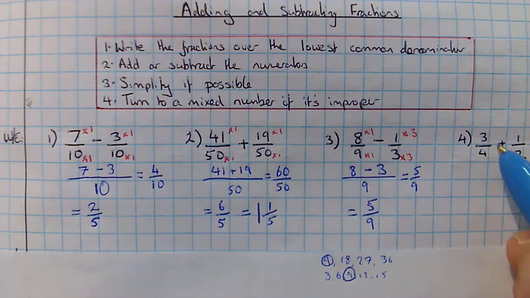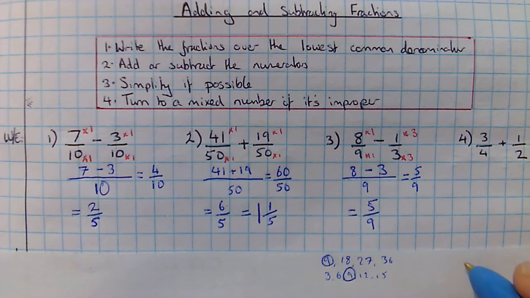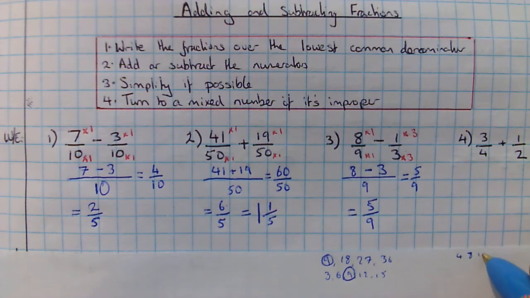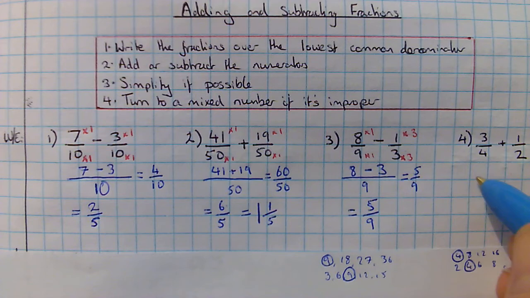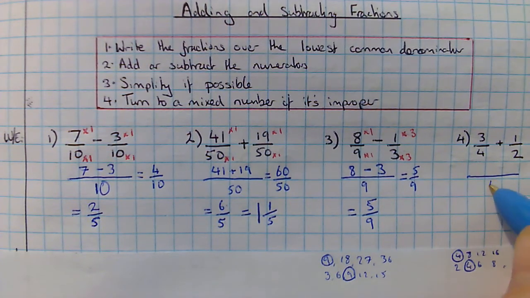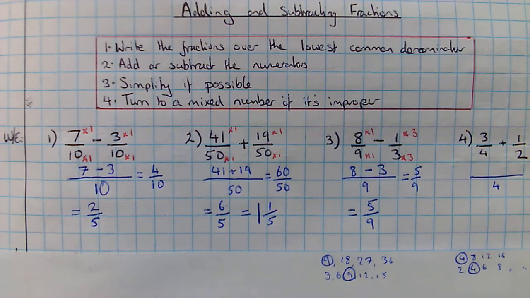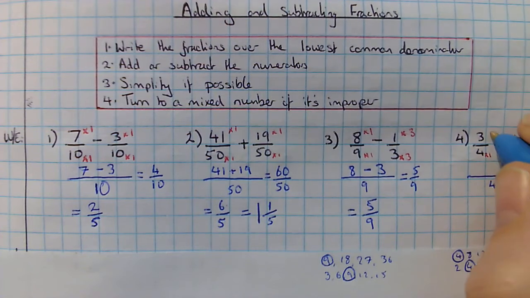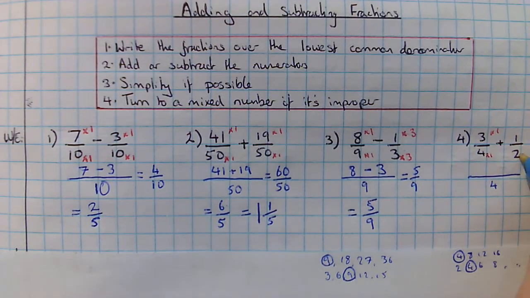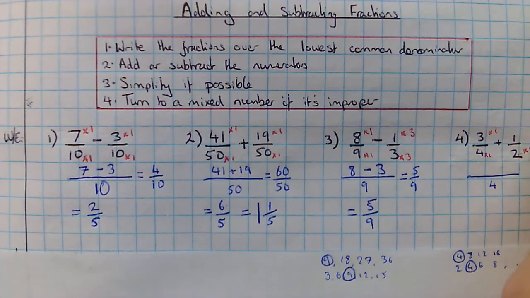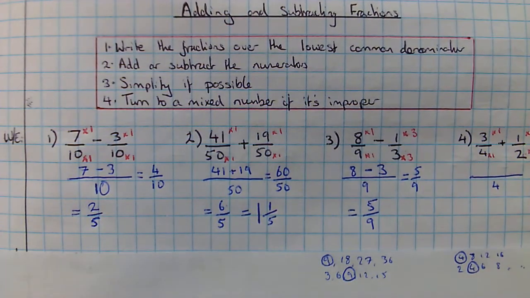Okay, next one. I'm looking for the lowest number in the 4 and the 2 times table. So 4, 8, 12, 16, 2, 4, 6, 8, and so on. 4 is the lowest number in both times tables, so I'm going to write this over 4. 4 is staying the same, it's my timesing by 1. 2, to get to 4, I'm going to need to times it by 2. 1 times 2 is 2.